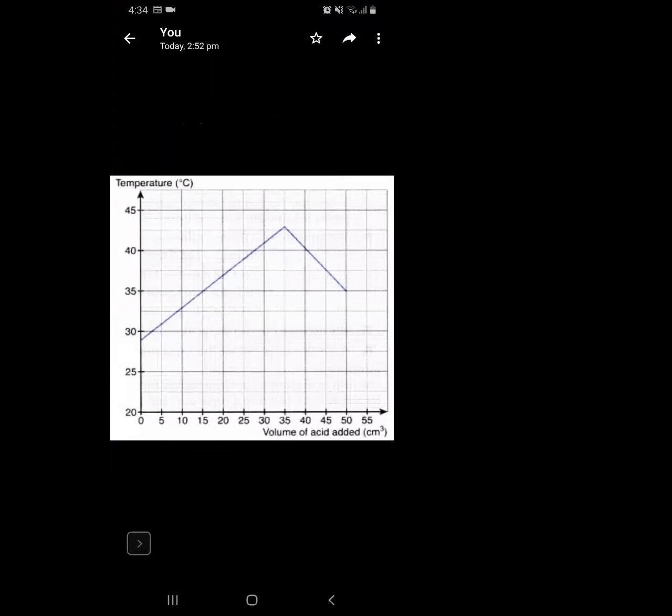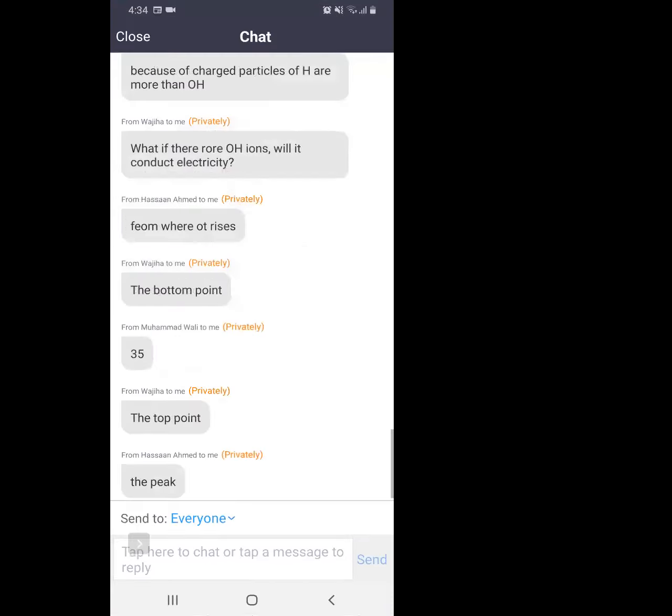It's the peak. It's the top part, from where it is dipping down. The top corner of this graph. I hope you got my point, right? The peak. Yes, the top point. Yes, Wajiha and Hassan. Good.